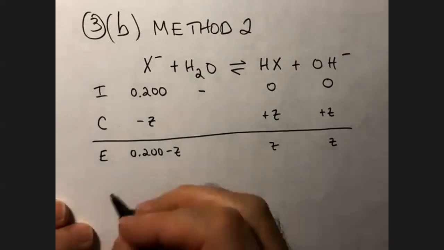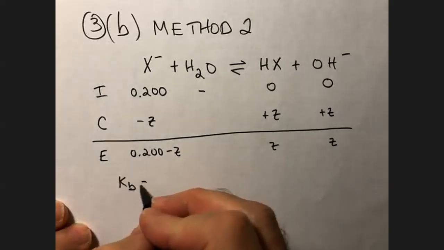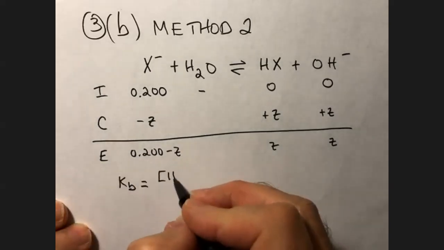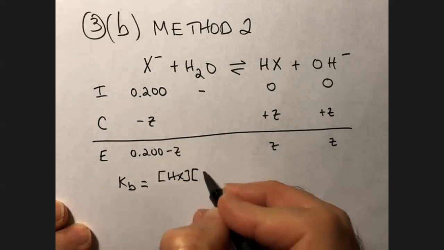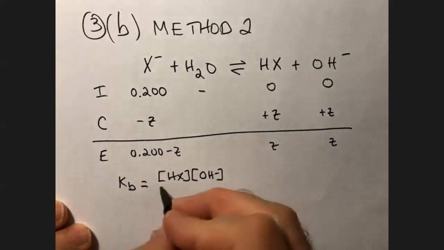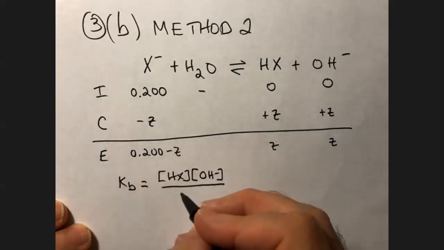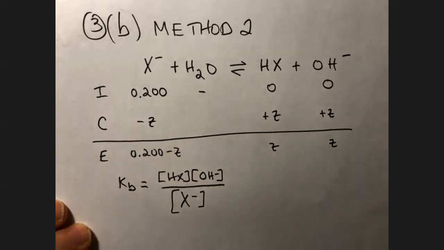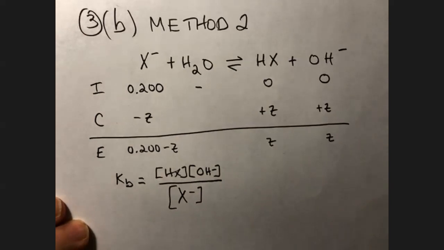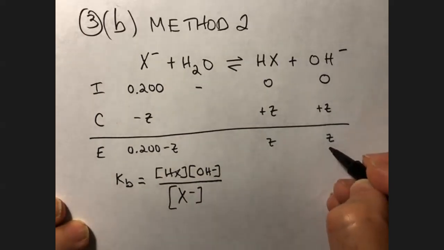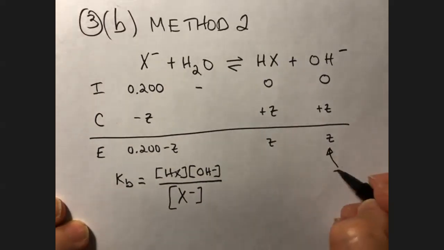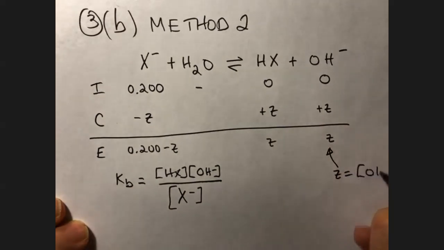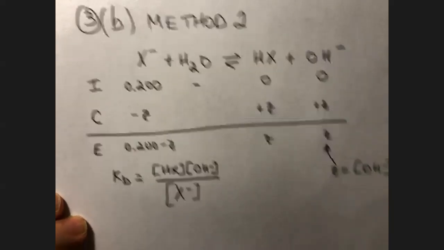We can find Kb from this, because it would be the product of the conjugate acid times the hydroxide ion concentration divided by the molarity of the base. But remember, this here, Z, is the molarity of hydroxide ions.